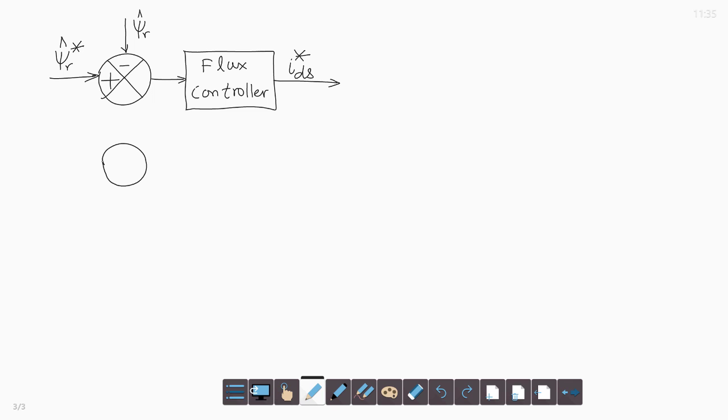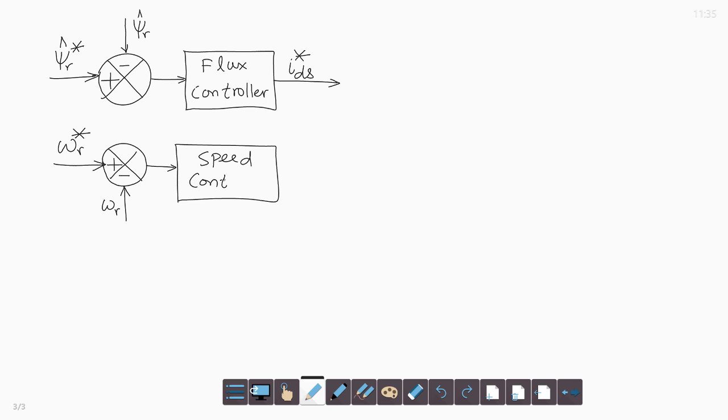Then we have another comparator which compares the actual rotor speed with the reference rotor speed omega r star, and the speed error goes through a speed controller, and output of the speed controller is the torque component of the stator current command value IQS star.